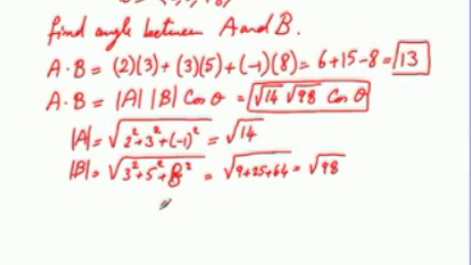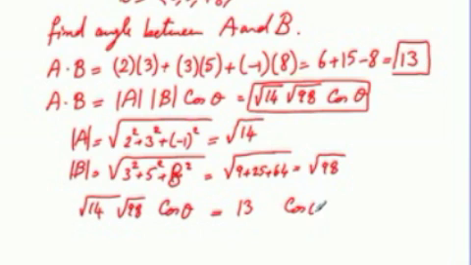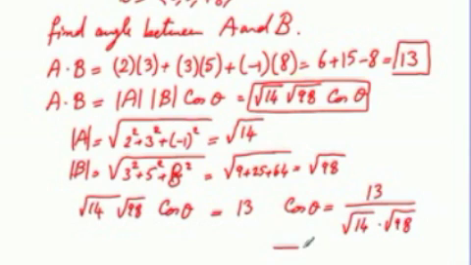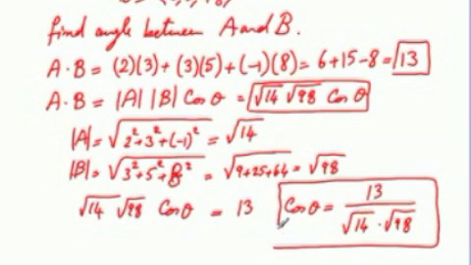So I'll have cosine of theta times square root of 14 times square root of 98 has to be same as 13. So the angle turns out to be 13 over radical 14 times radical 98. And then you go ahead and figure out what this thing is.